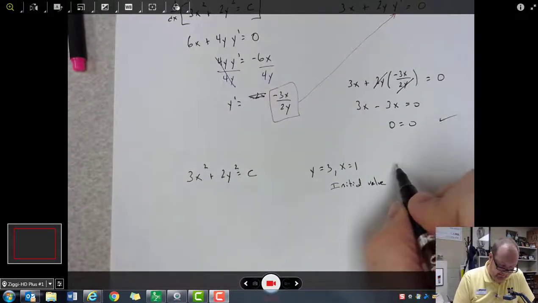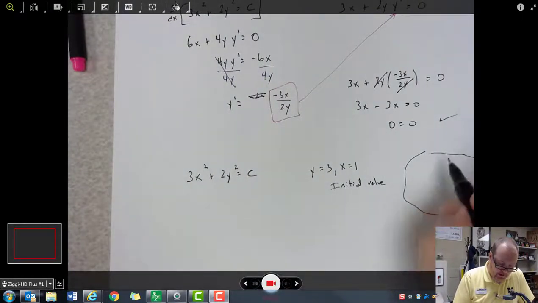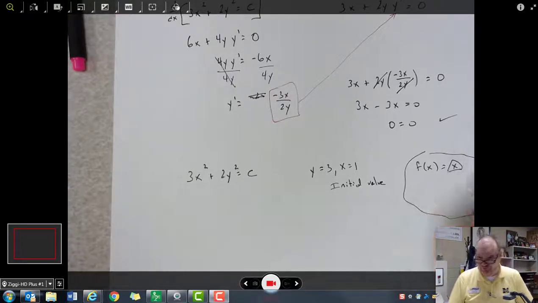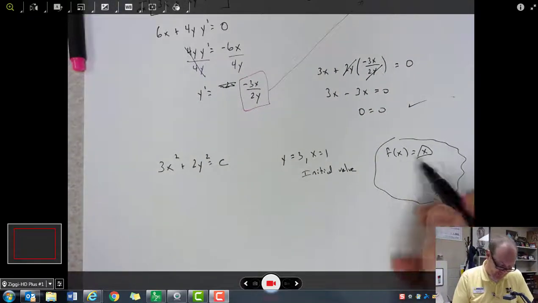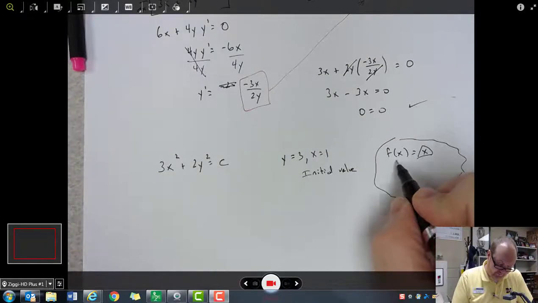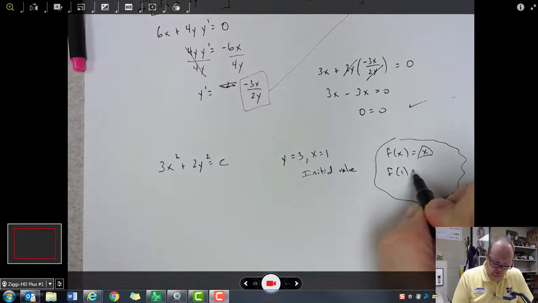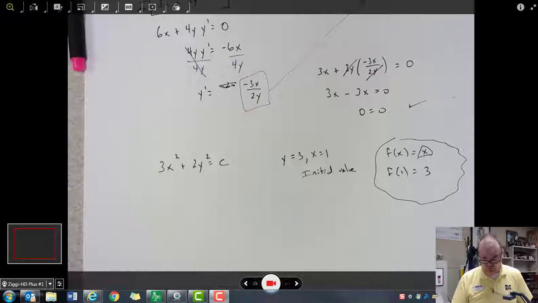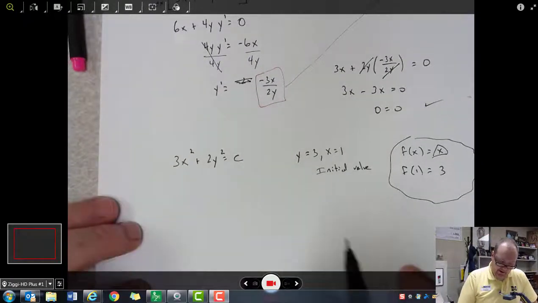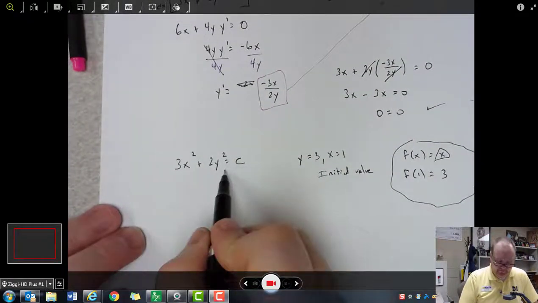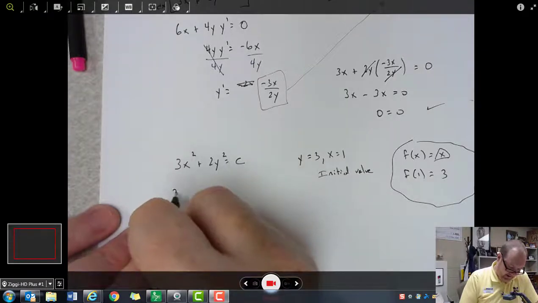If I have a function like this, equal to some function of x, then one way to say this is whenever x is 1, y is 3. So there's several correct ways to do that. But I can plug both of these conditions into this part and find c.